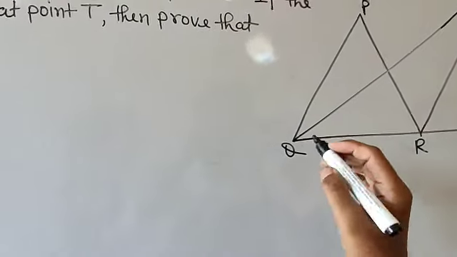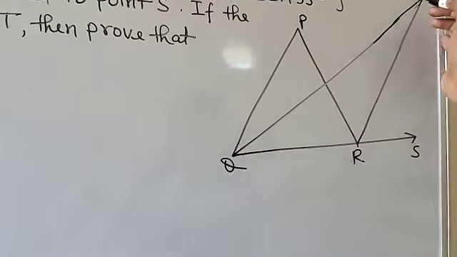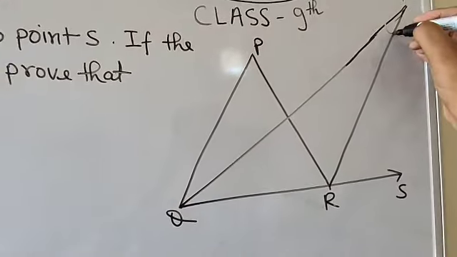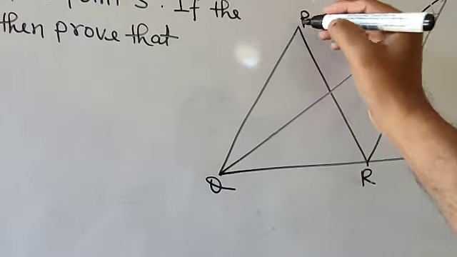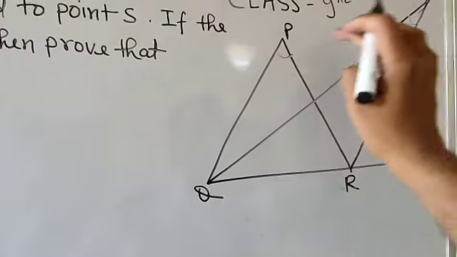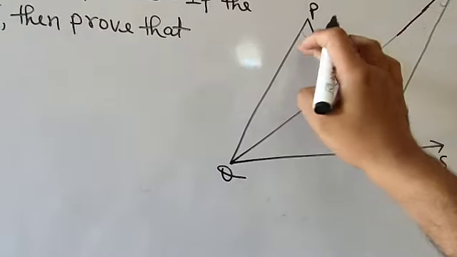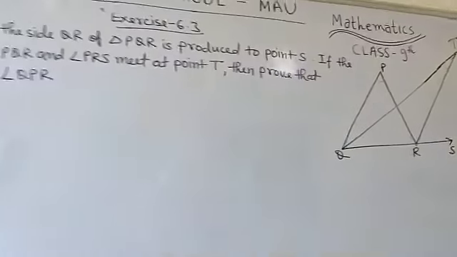Then you need to prove that angle QTR is equal to half of angle QPR. You need to relate these two angles, angle QTR and angle QPR.